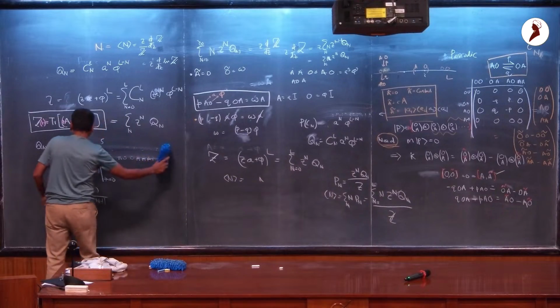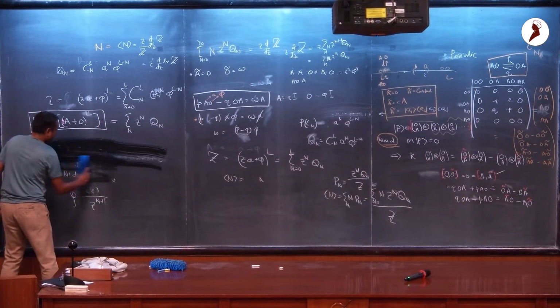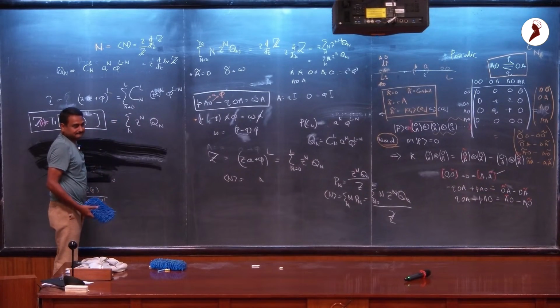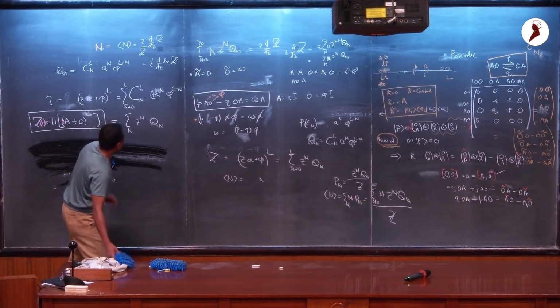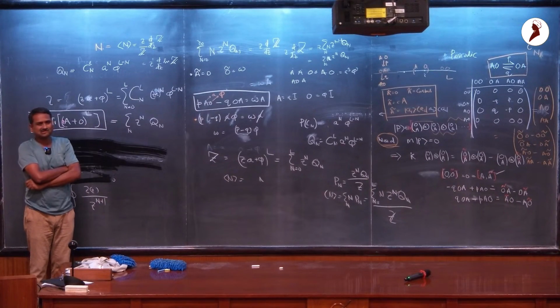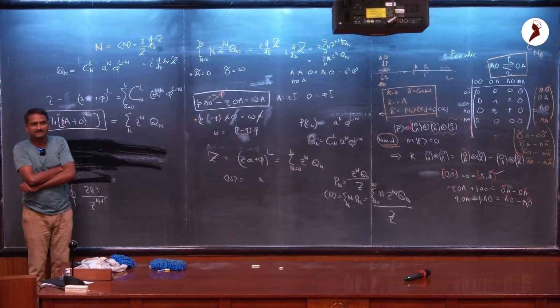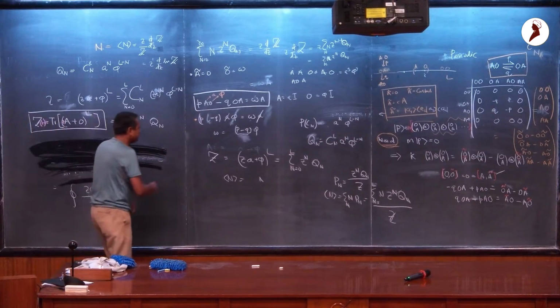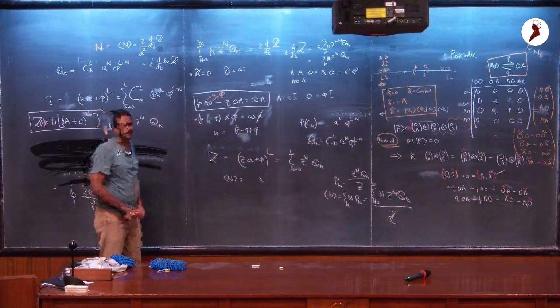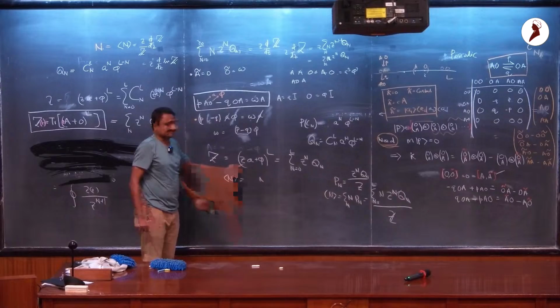So now we want to figure out what is the current, and we use this one. So what is n average here? Your capital Z is this.